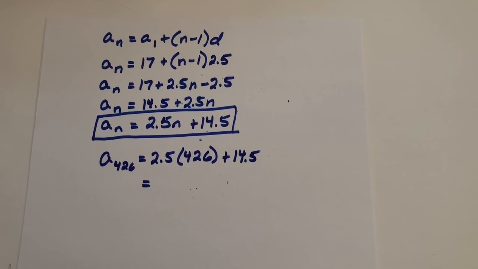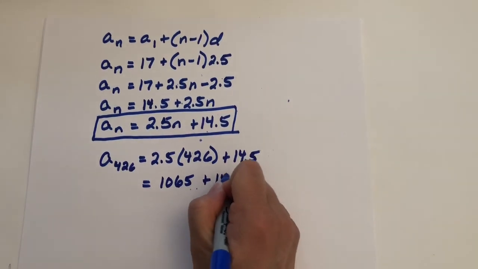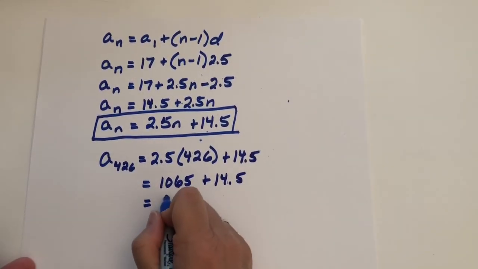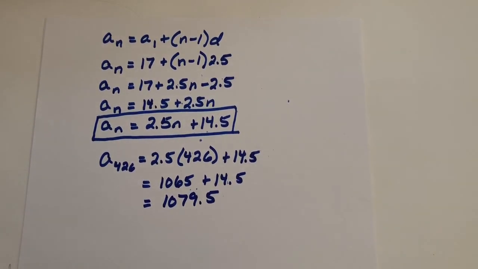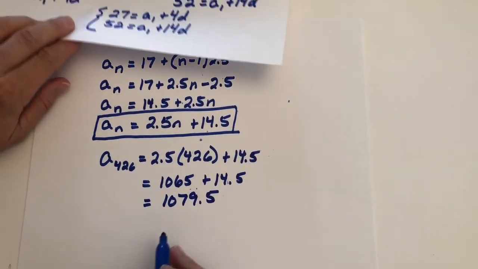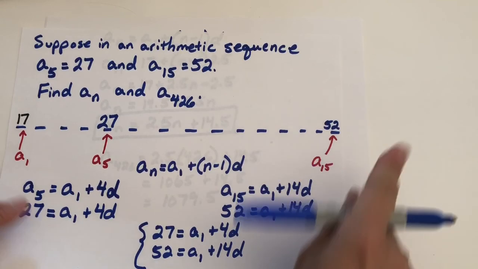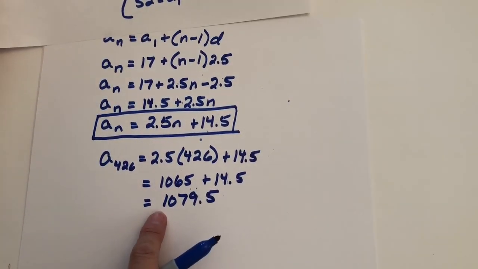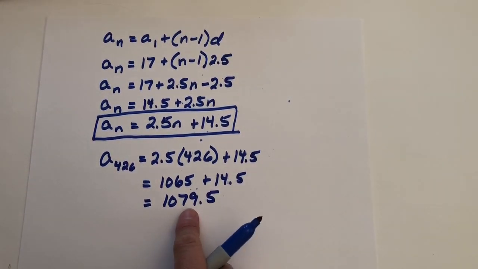So we have 426 times 2.5, which is 1,065, plus 14.5, and we get 1,079.5. So it's nice we didn't have to go one by one to get to the 426th term. We know for this particular sequence, if we went way down there to the 426th term, we would see that the term was equal to 1,079.5.